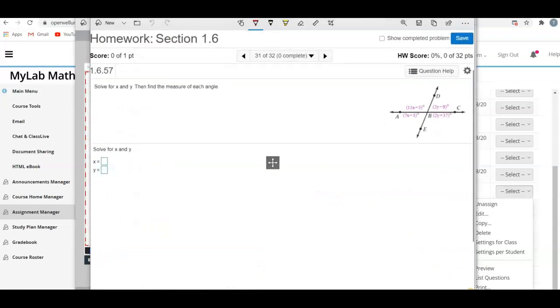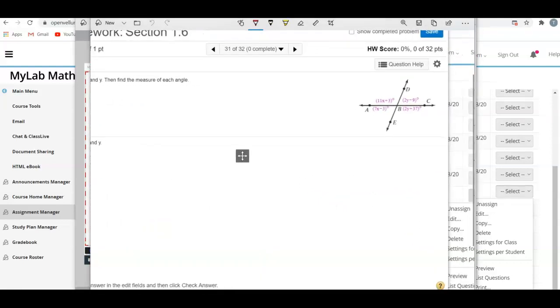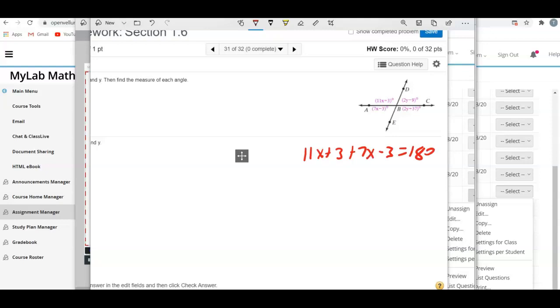And let me just do one last one. On this one, there's a few ways you could do this. Let's say we're trying to solve for x and y. So we know 11x plus 3 plus 7x minus 3 equals 180. These two add up to 180.